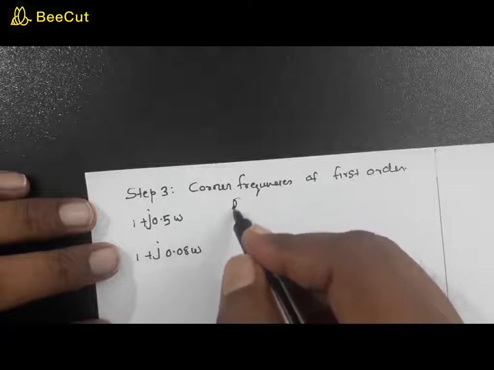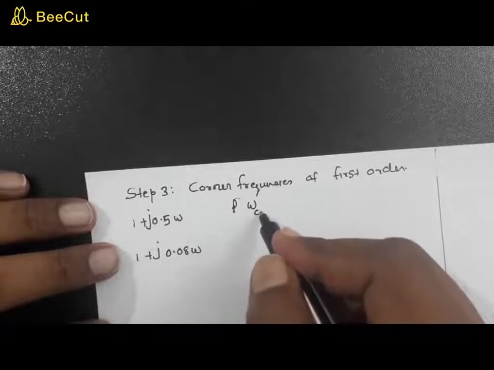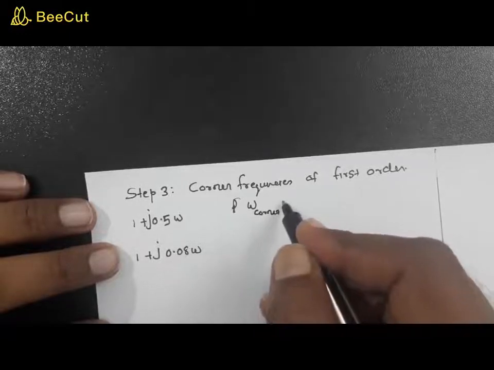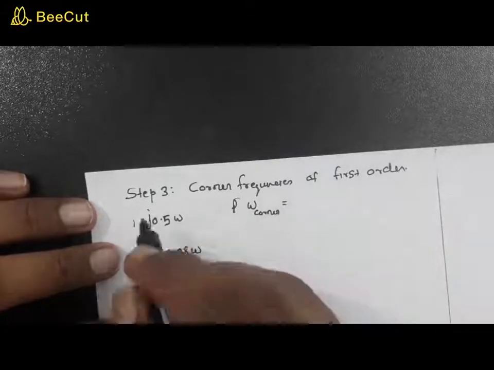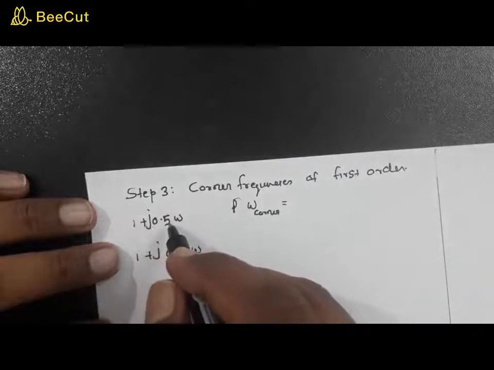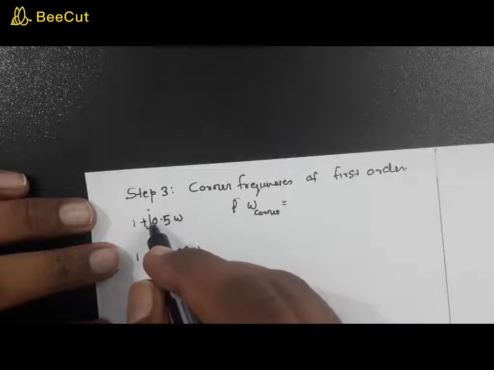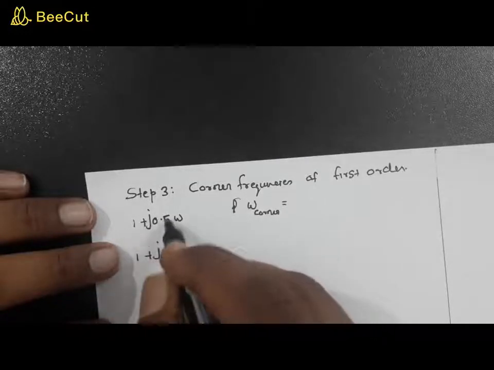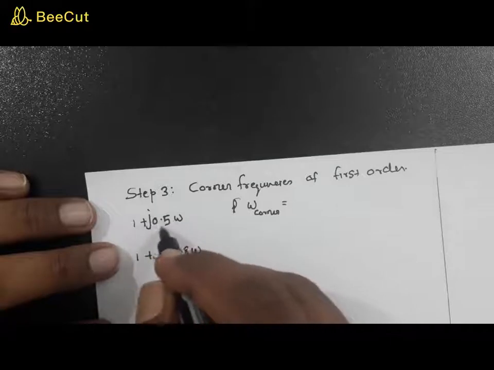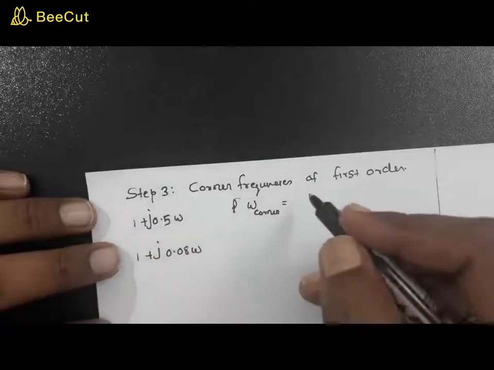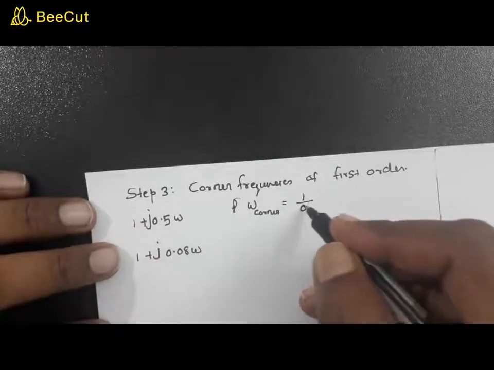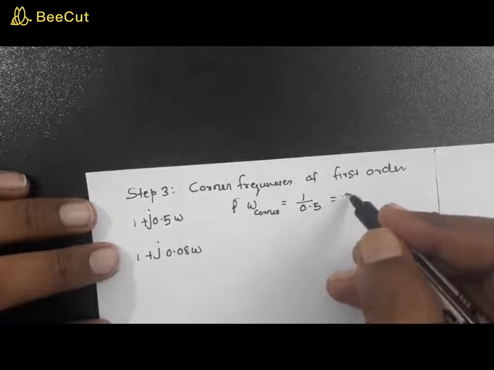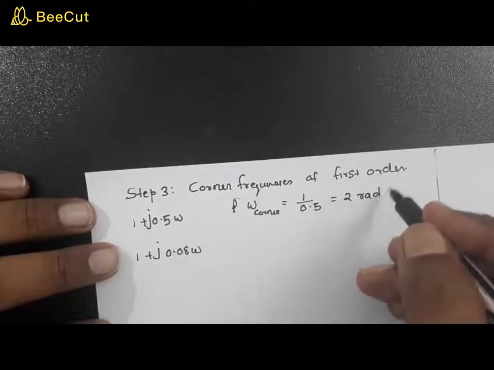Let us call it omega corner, given by the reciprocal of the quantity that comes along with j omega. So it is 1 by 0.5, which is equal to 2 radians per second.